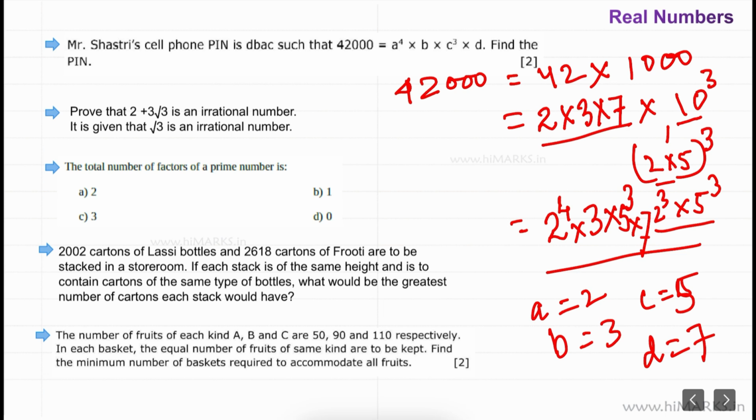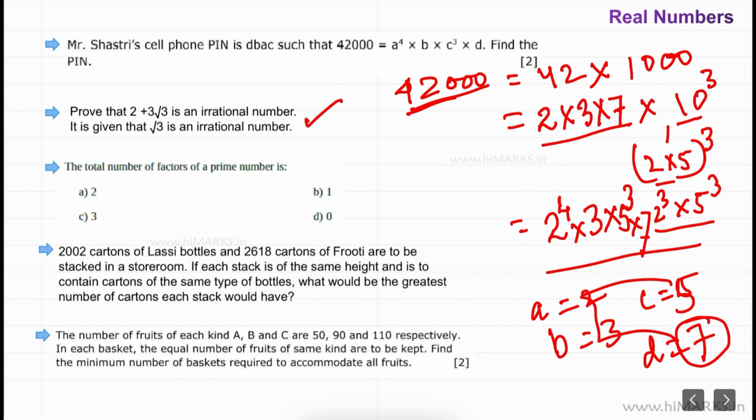So the answer is D B A C. You see the learning here is that if we factorize any big number, it is always better to do it in a somewhat broken way, so that you can get a quick result.